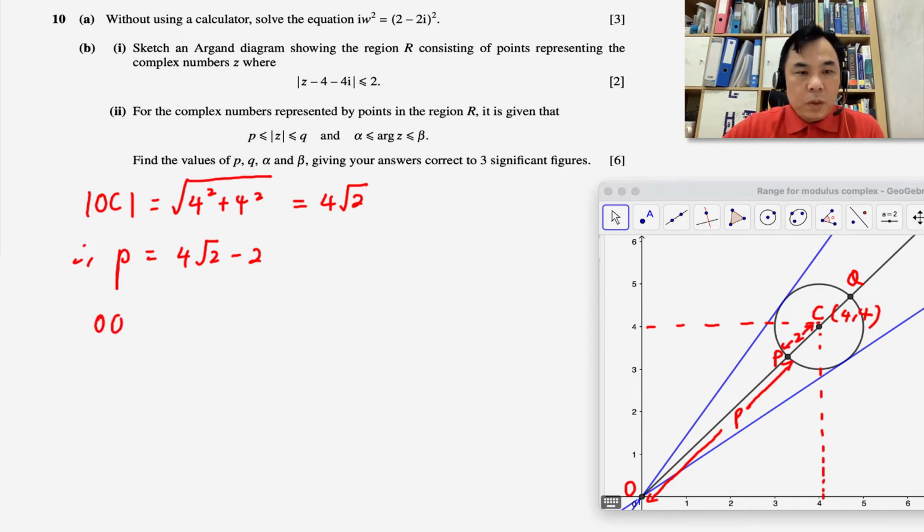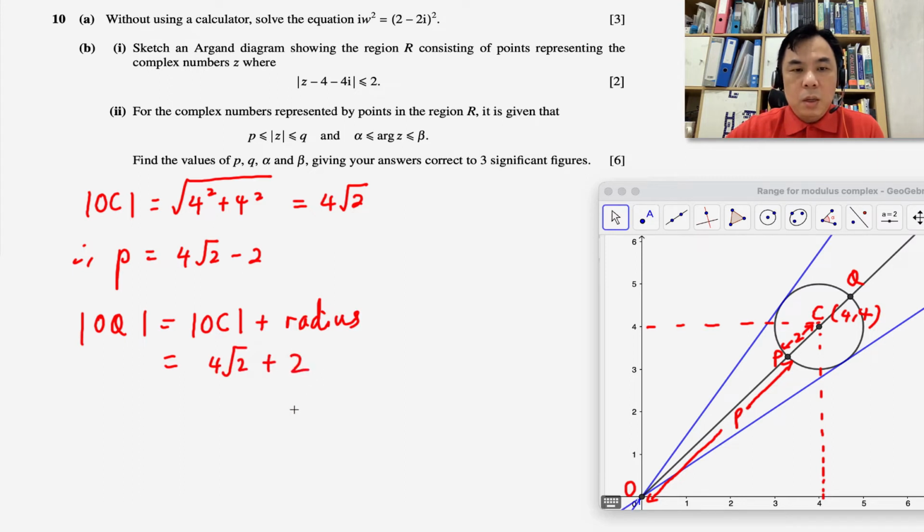OQ is OC plus the radius of the circle, and that would give us 4√2 plus 2. Those are the two values of P and Q that satisfy this inequality, and P and Q must be found in the region R. I hope that is clear.